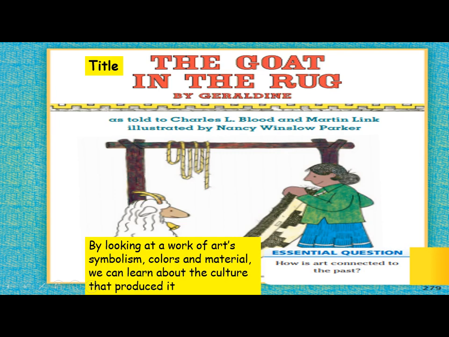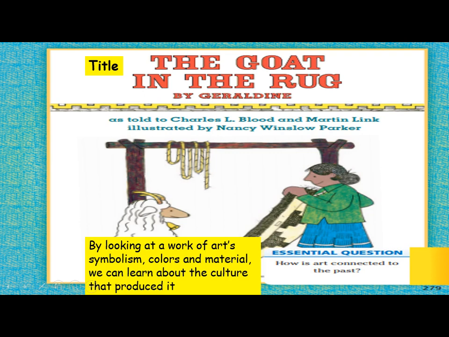And once you see a piece of art, you will instantly connect it to the past and start thinking of who did it, and what the circumstances were while making that piece of art. And right now, I just want you, again, to know the title. It is The Goat in the Rug by Geraldine.